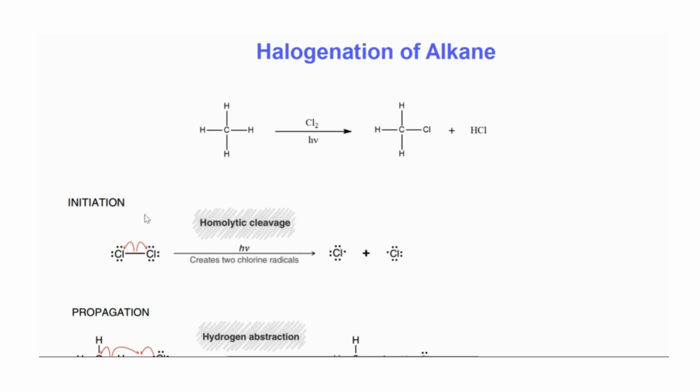So this reaction takes place in 3 steps: the initiation, propagation and termination. First we see the initiation. In the initiation step, it produces the reactive intermediates.